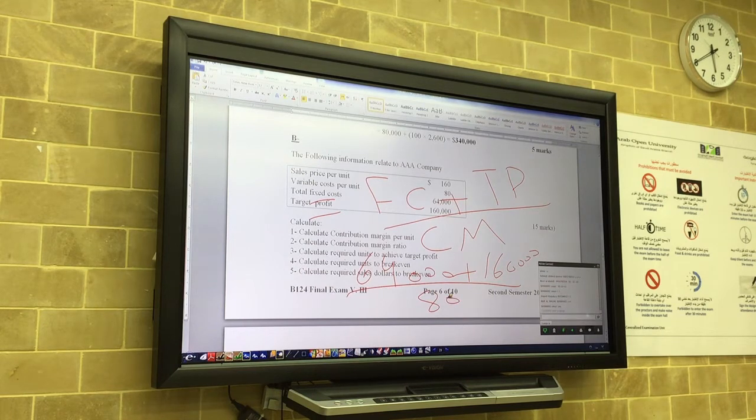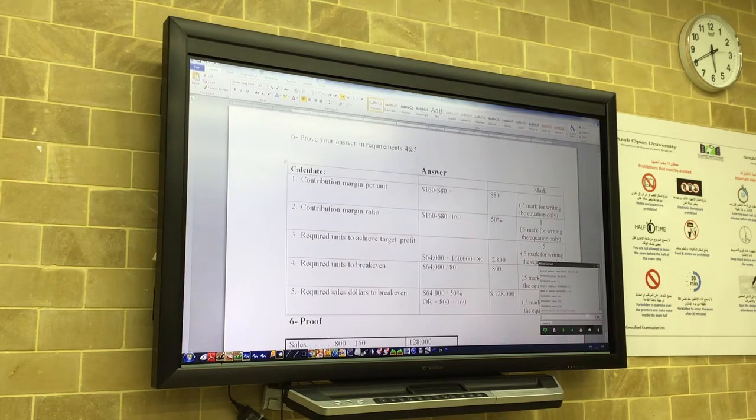So the units to achieve the target profit will be 2,800. Okay, clear?